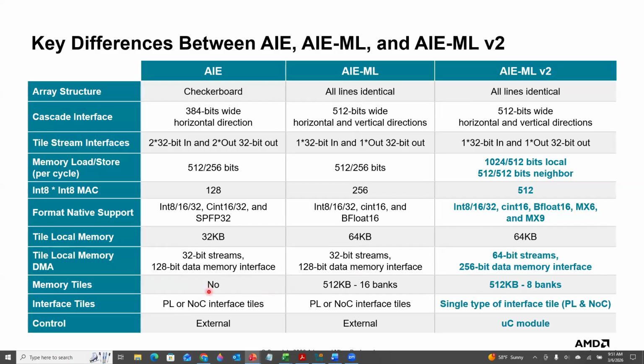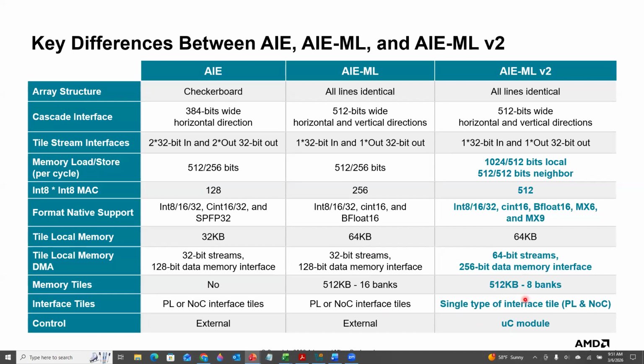That was not part of the original families. The interface tiles, they used to either be PL or NOC. Here it's a single type interface tile. And the control for this is external before. Now you also have a microcontrol module that can be used to actually control certain aspects of operation.